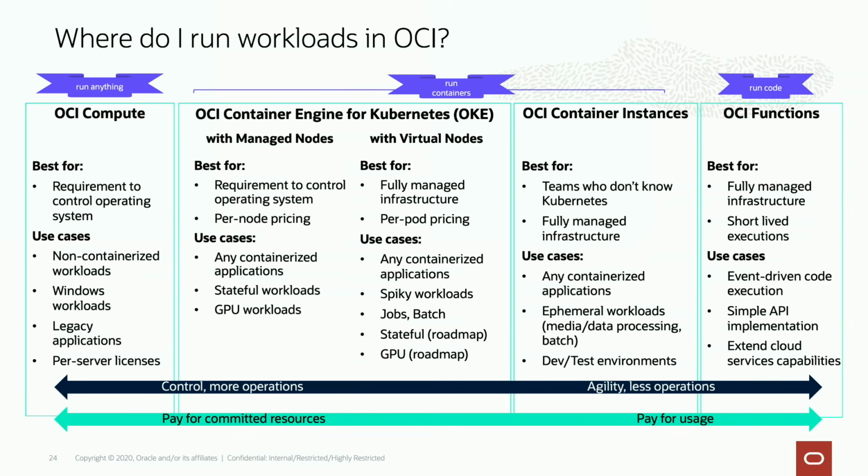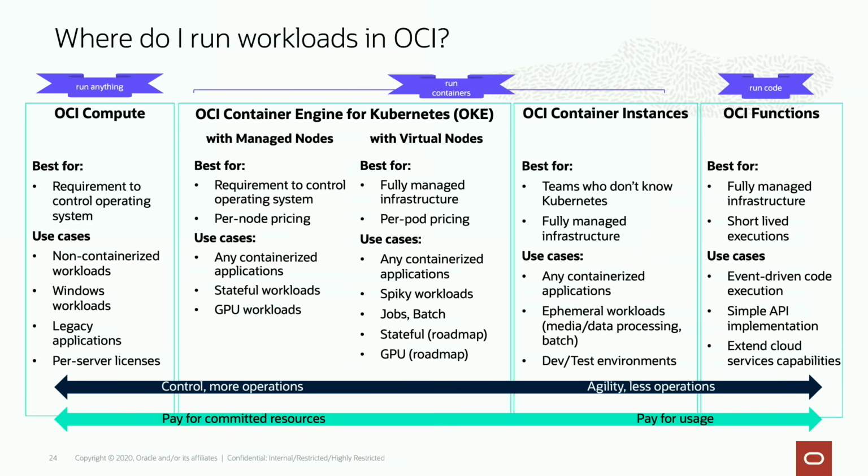And finally, if you want to run your code for an automation in OCI, to implement an API, you can go with OCI Functions. And so that's a whole spectrum. On one side, you have more control, but more operations. And the more you go towards virtual nodes and container instances, you get more agility and less operations.